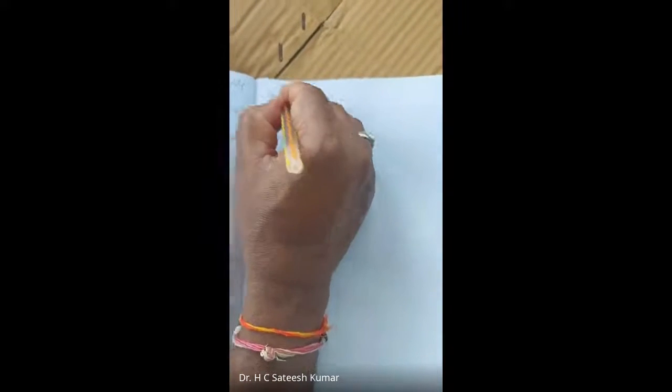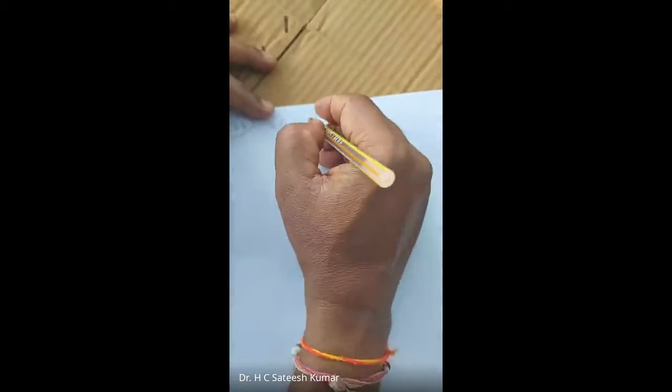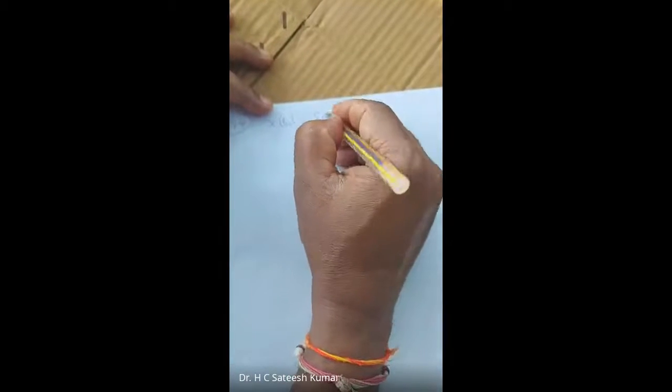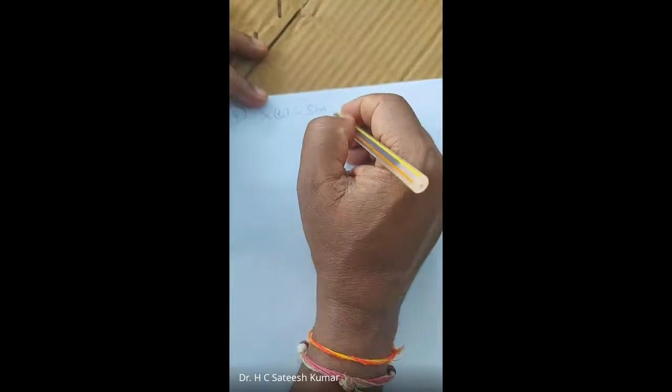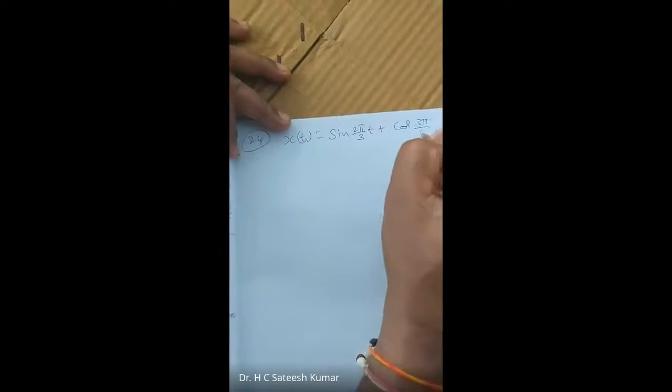Now let us go for one more problem. x of t is equal to sine of 2 pi by 3t plus cos of 3 pi by 4t.